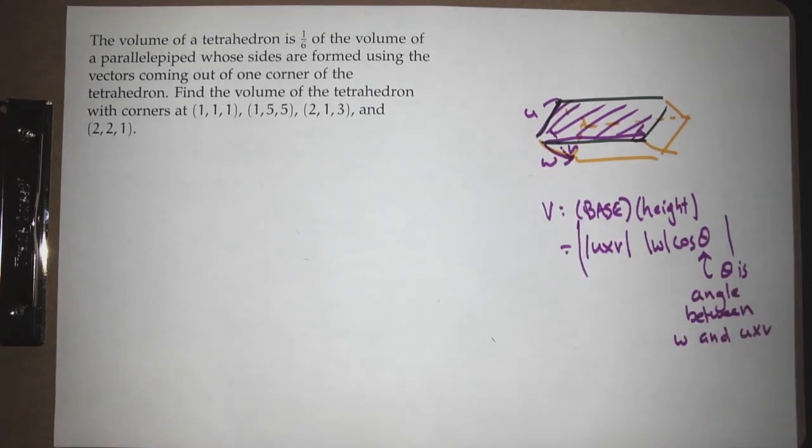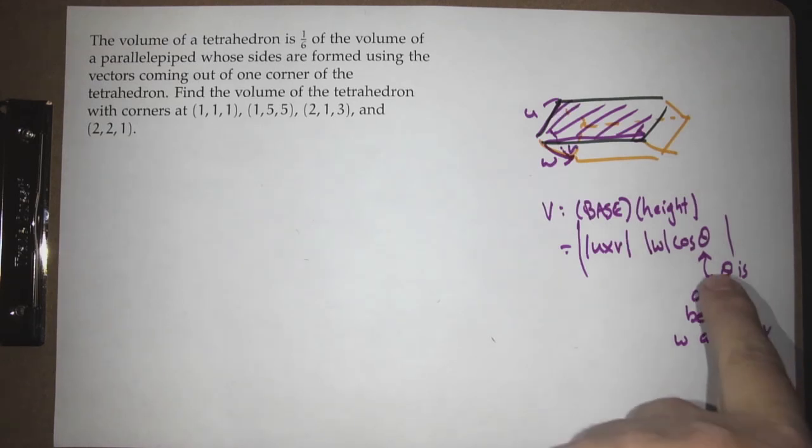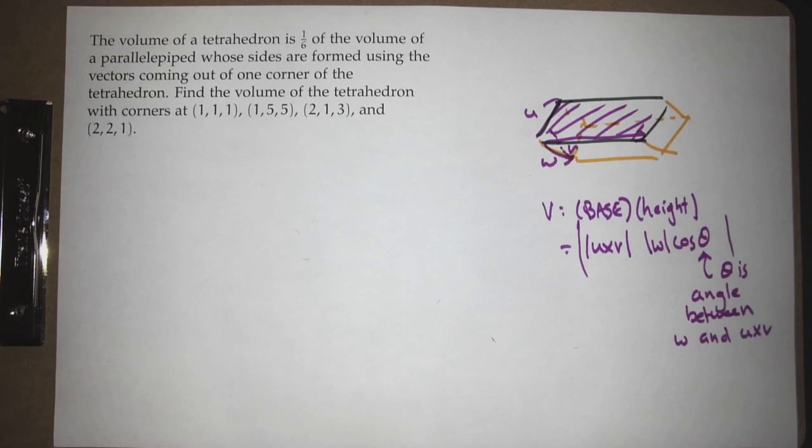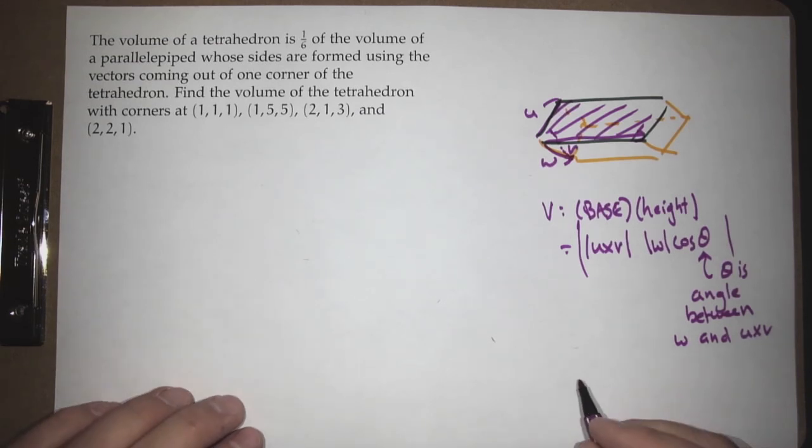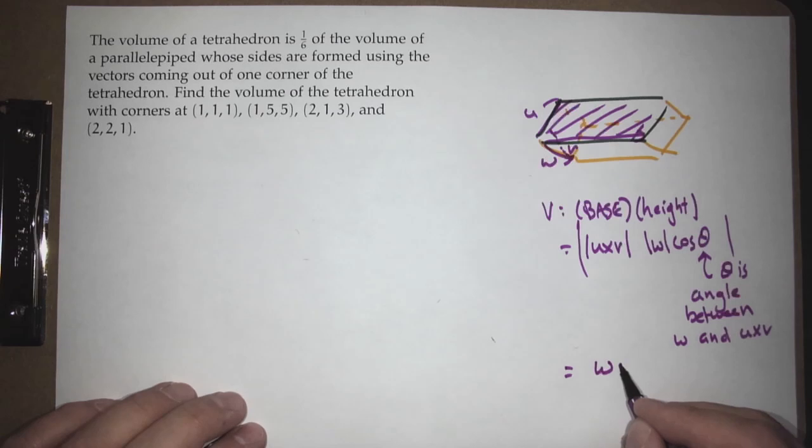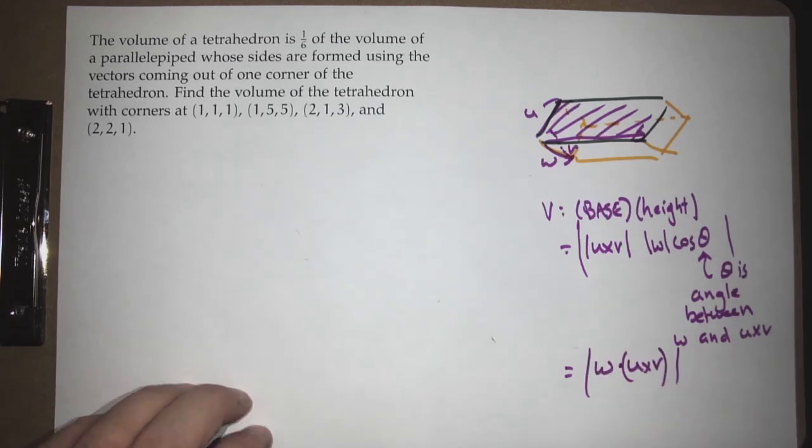Now, you don't have to remember any of this because there's this really cool punchline coming up. How do you compute angles? Or where does cosine theta show up? Dot product. So it's W dot U cross V. Absolute value. But that's not even the best punchline. How do you take cross products?